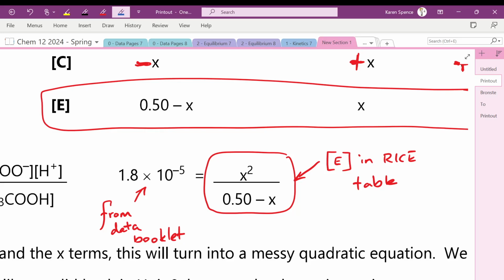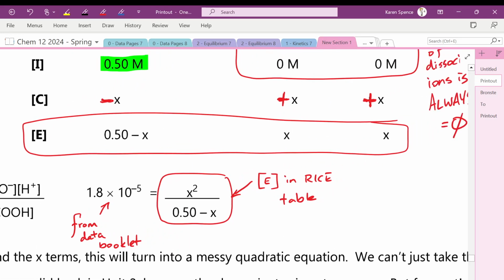Not much. That means that the x value is very small. So how big do you think it is compared with 0.50? It's very small compared to 0.50.